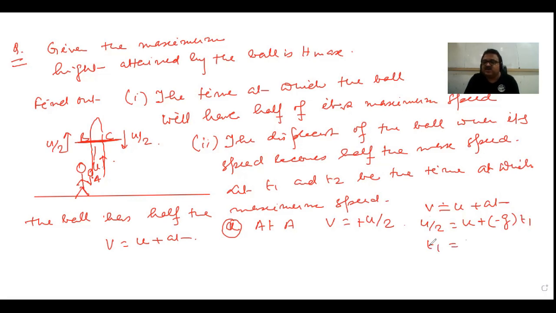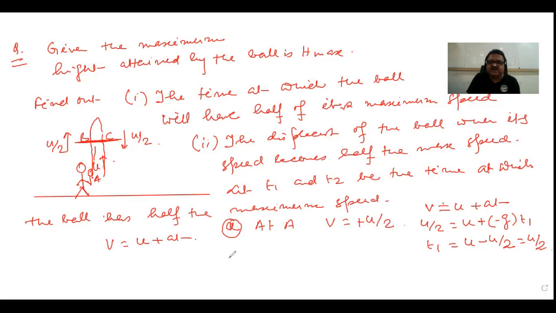T1 is what? u minus u by 2, that is u by 2. So T1 equal to u by 2. Let me check it. T1 is equal to u by 2. Clear?